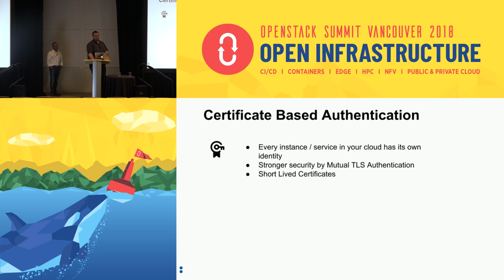So what we have is a system that provides certificate-based authentication. This means that every single instance in our cloud has its own identity in the form of an X509 certificate, an SSL certificate for those not familiar. Each instance can represent itself and say, I am host foo, I am in this service.